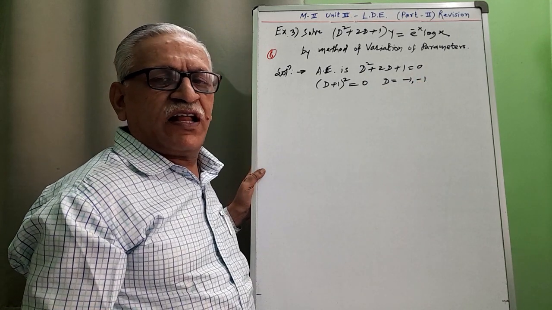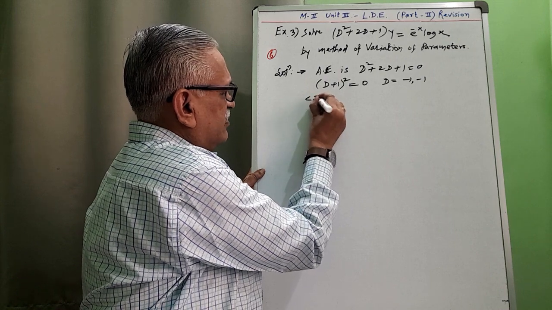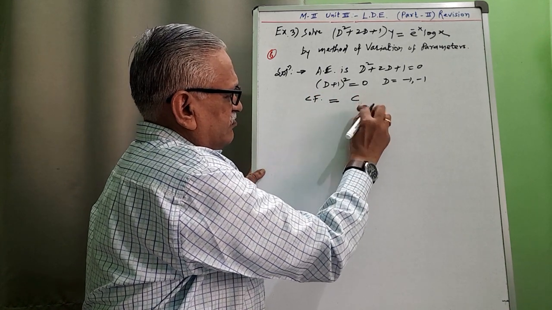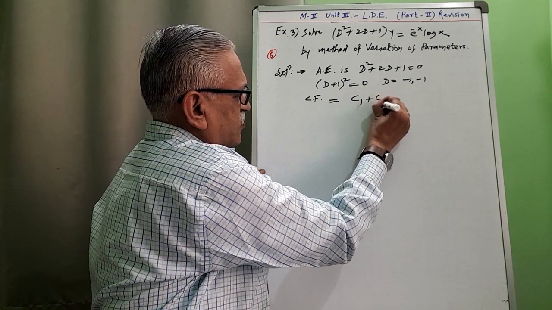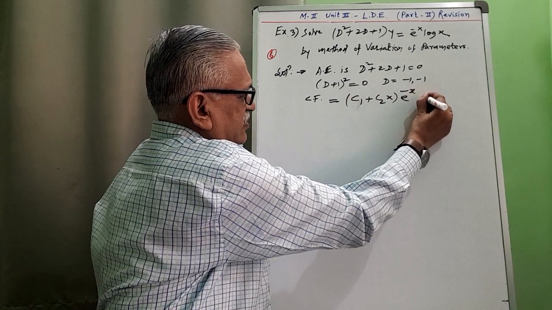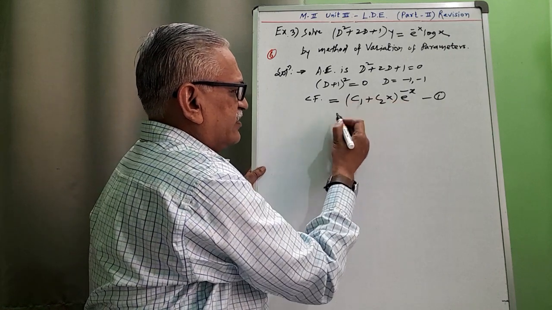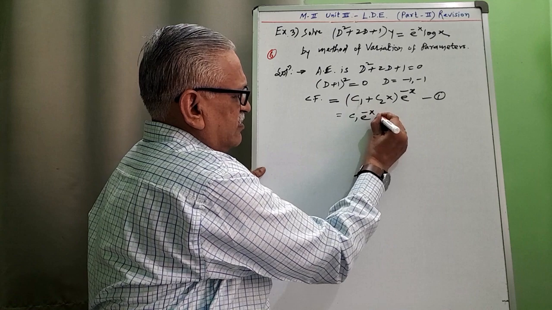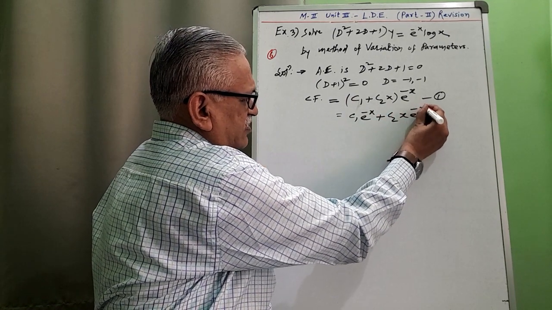Two roots real and repeated, and as roots are real and repeated, CF is given by (C1 plus C2 x) multiplied by e raised to minus x. We call this equation 1. Taking it inside, we get C1 into e raised to minus x plus C2 x e raised to minus x.